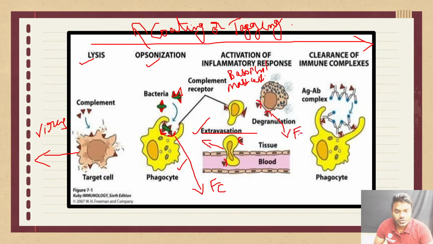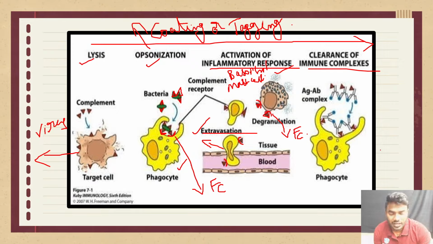Correct? So friends, listen to me. To that Fc receptor, complement molecule comes and attaches. The moment complement molecule comes and attaches over there, it immediately stimulates the process of degranulation. By that, they can show the inflammatory response. Not only for that, even for the clearance of immune complexes.